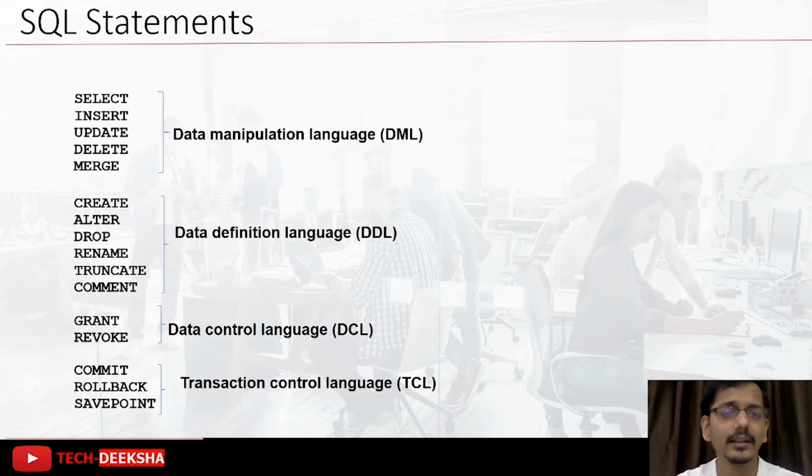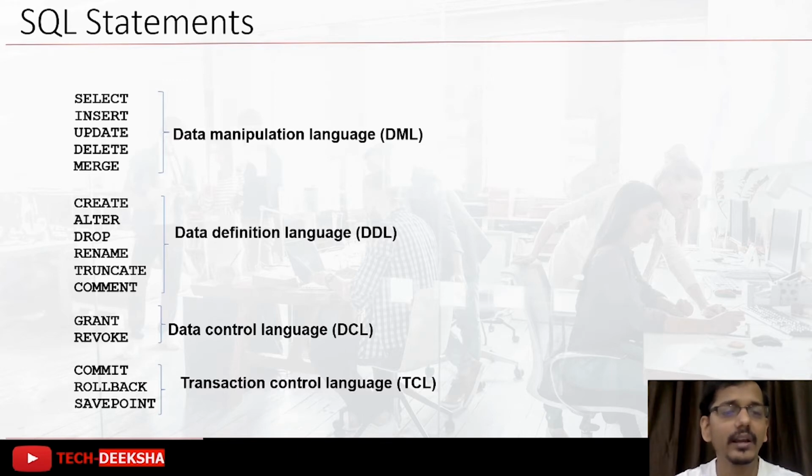Rename is used, for example, when you have created a table whose name is student info, and later you think that no, I should change it to tab underscore student info. Using rename, you can do it.